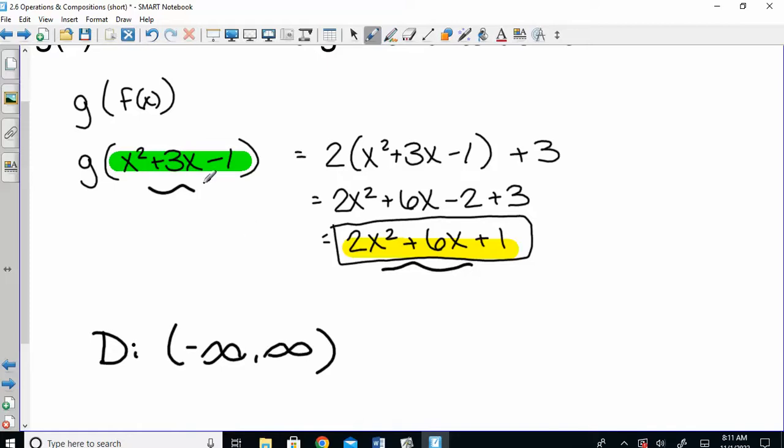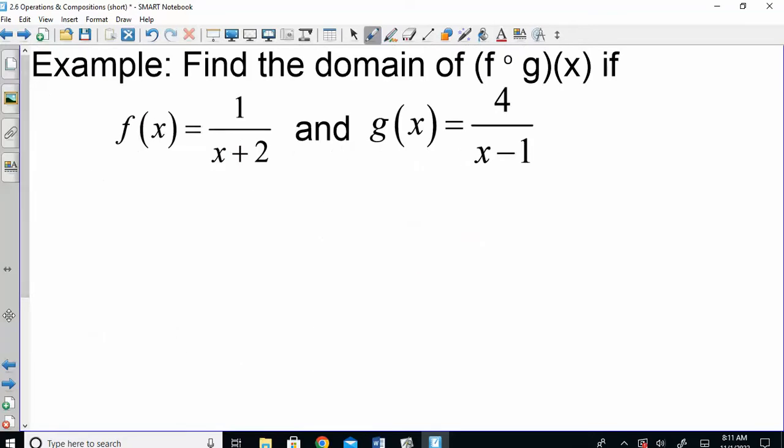So let's try one that isn't as nice. All right, I want the domain of f composed with g. So that's f of g of x.